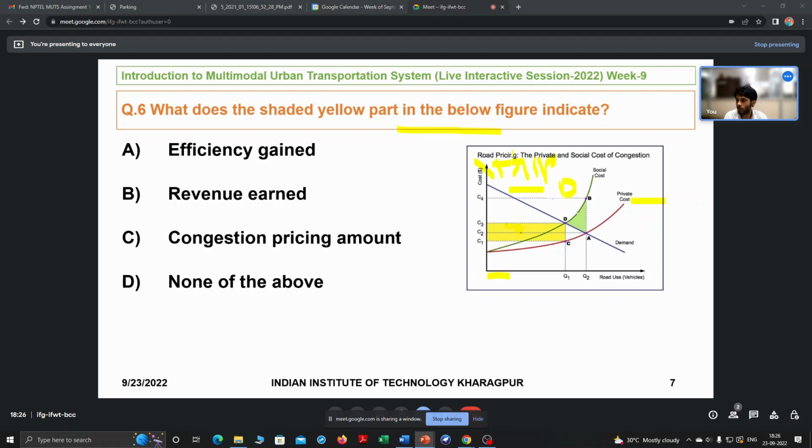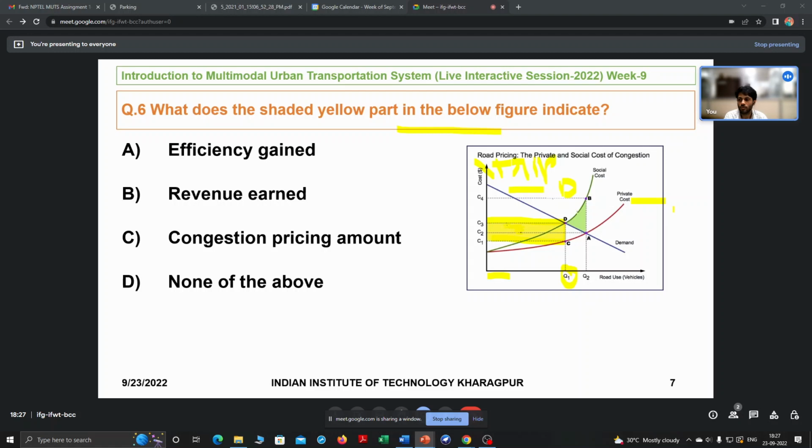Now the question is, what does the shaded yellow part in the big figure below indicate? If you see, this is the shaded area, yellow. Also I am using the yellow pen, so it is the same. Now this is the D point and this is the C point, right? At a particular constant demand, if your private cost is something per trip and your social cost is something else per trip, then what is the difference between those?